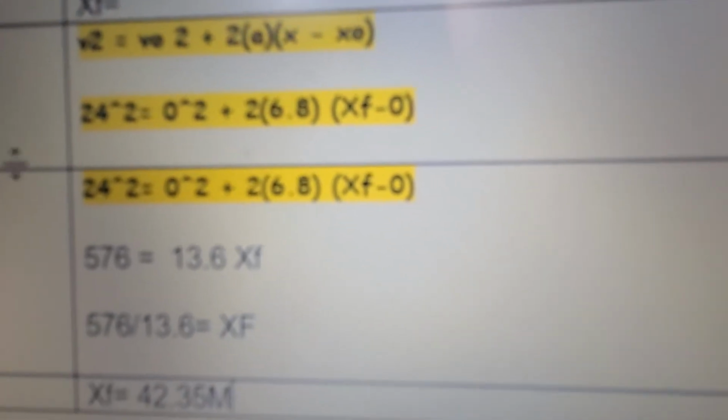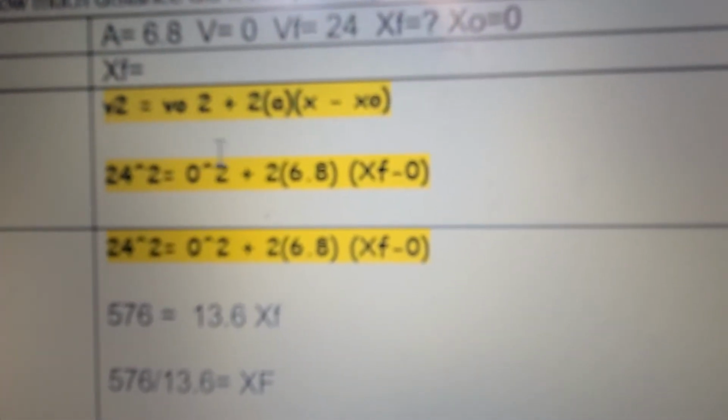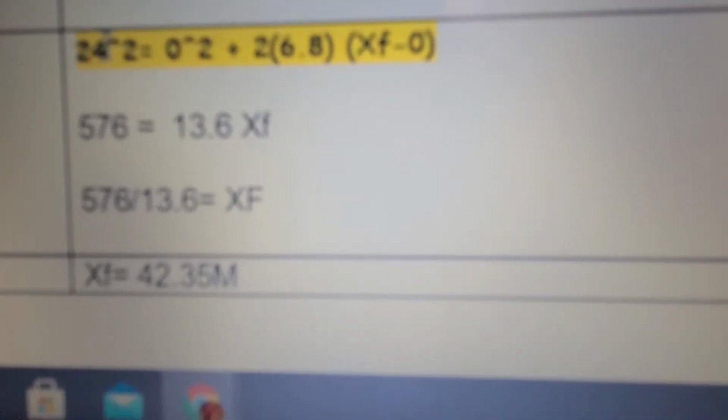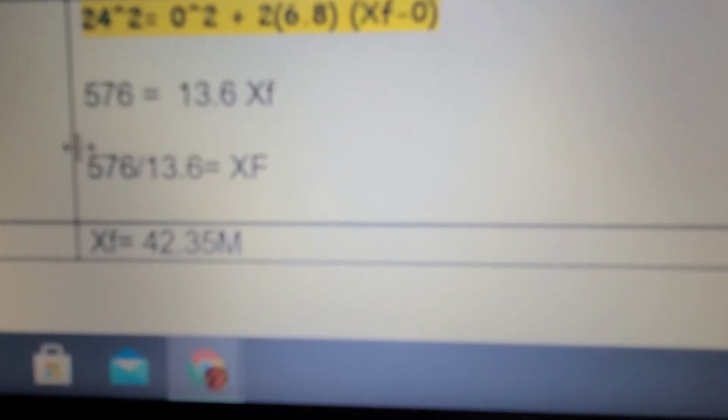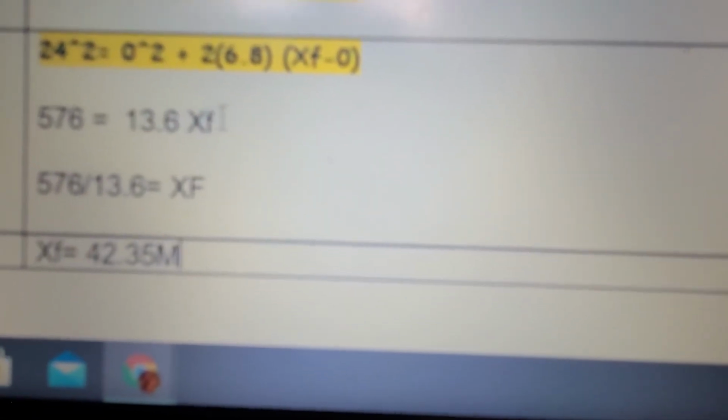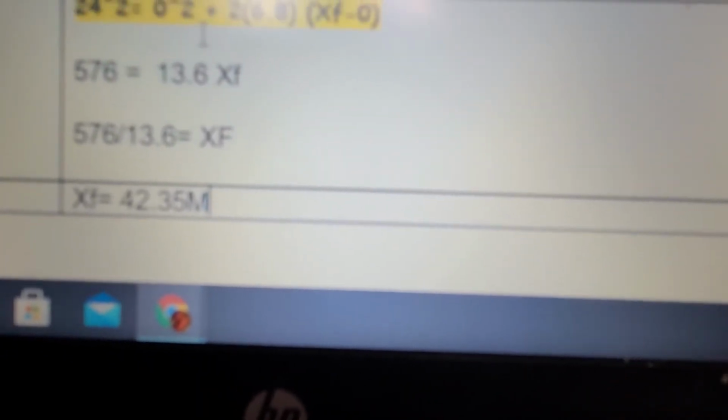All you have to do is plug it in. Once you have it plugged in, you should be able to multiply these two numbers with XF. Once you have that, you divide 576 by 13.6, and then you should get 42.35 meters.